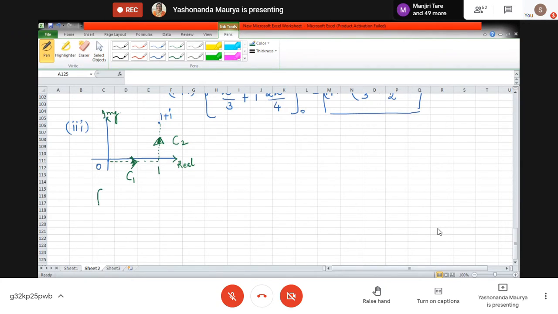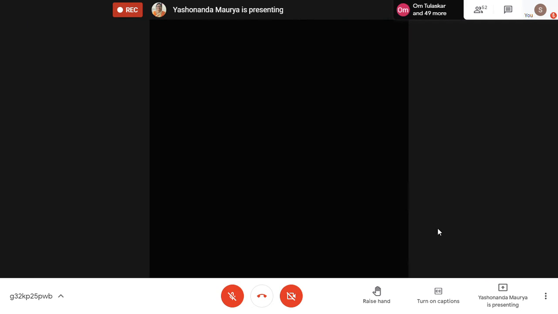This integration from 0 to 1 plus I of x square plus iy dz is nothing but the integral along the curve C1, and then I'll evaluate along the curve C2 and add both to get my total answer.